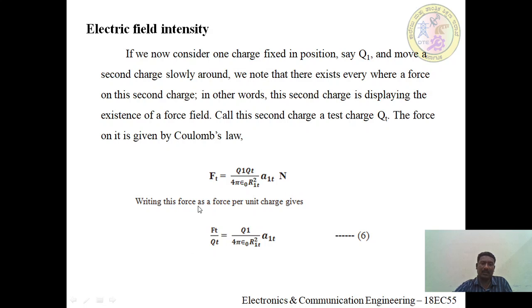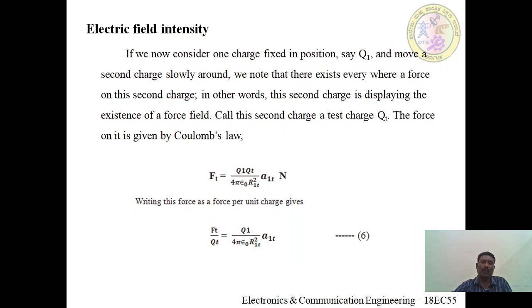Let us write this as force per unit charge: Ft divided by Qt is equal to Q1 divided by 4 pi epsilon naught R squared into A1T.